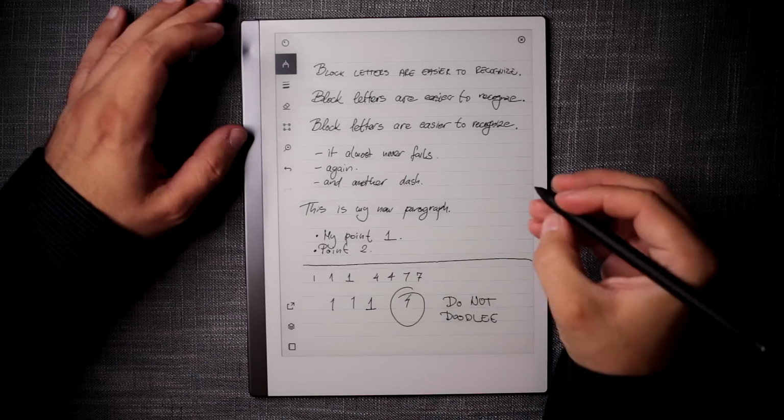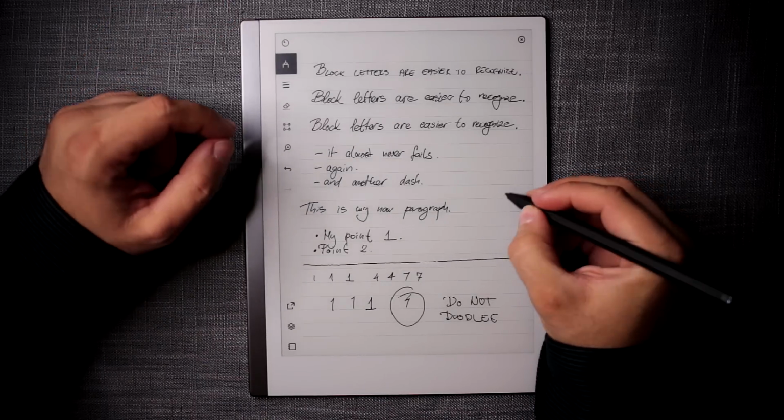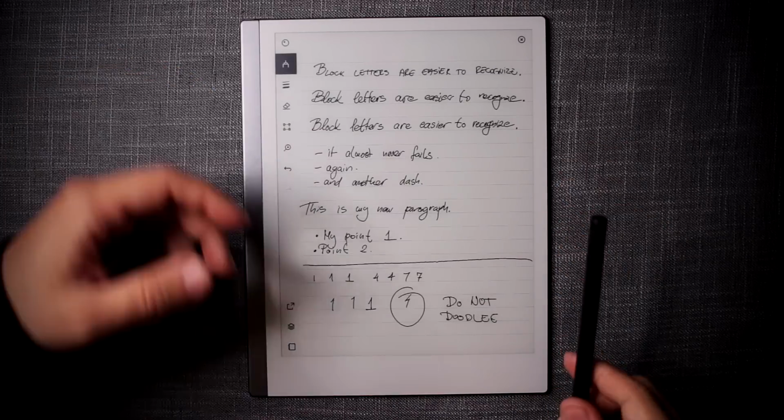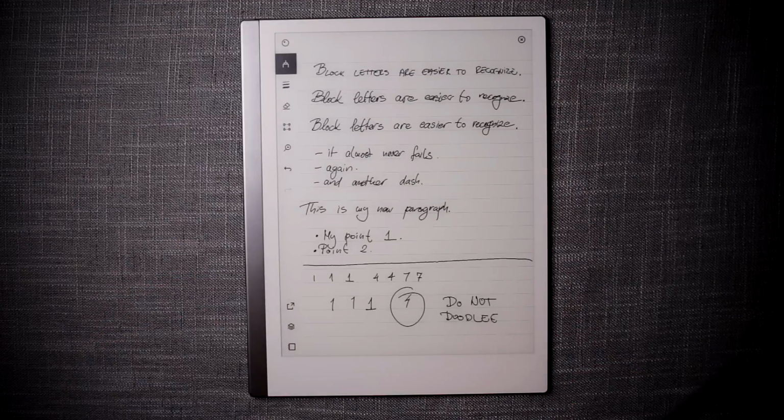So try to refrain from having little drawings and things like that when you are preparing a document that you know you will need to convert later on to text.